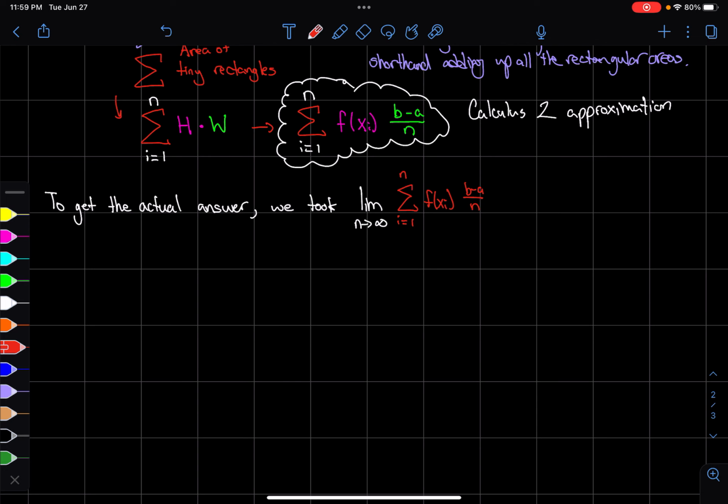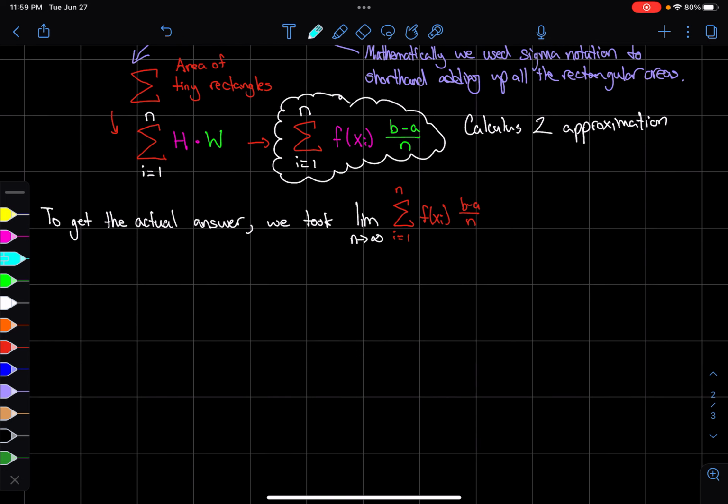Well, what happens? And it turns out that when we do this, this bit right here, which literally means add up an infinite number of something, this right here became the integral operator, okay? What did f of x sub i become, right? What did the height of our rectangles become?